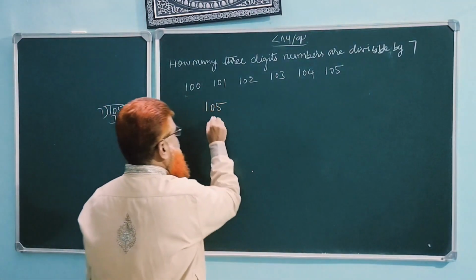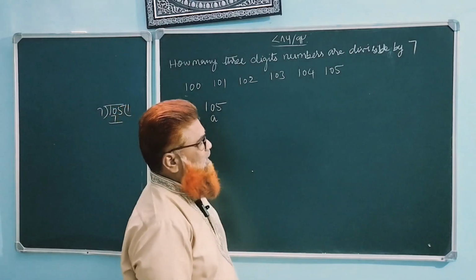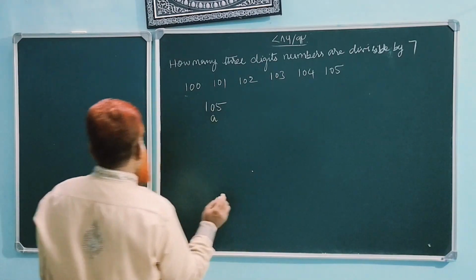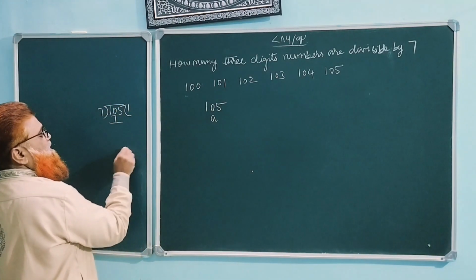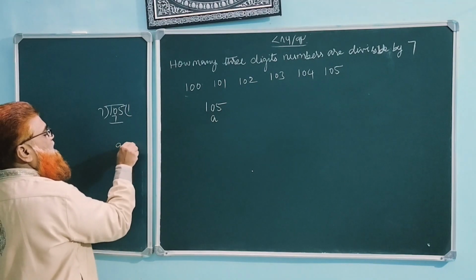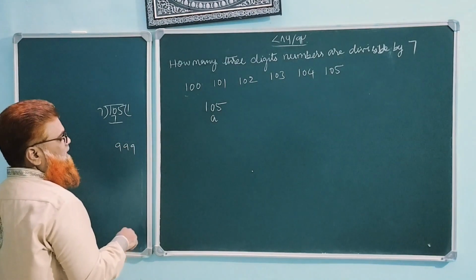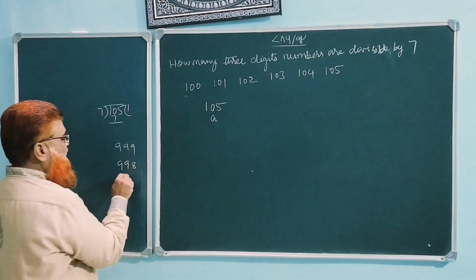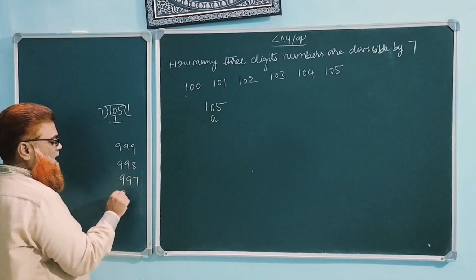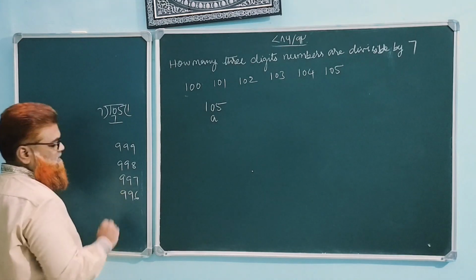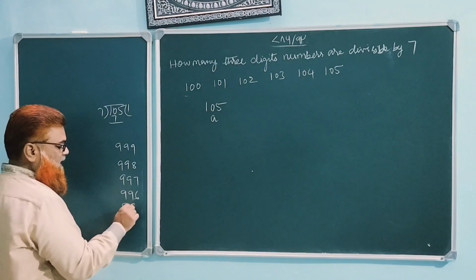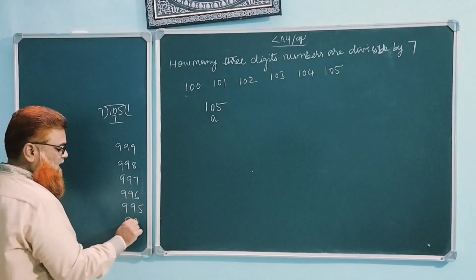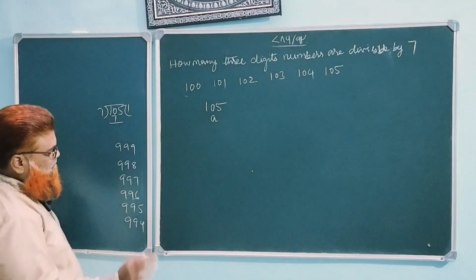We say that it is a, the first term. Now the last, that is the biggest 3-digit number, is 999. Okay, 999, 998, 997, 996, 995 and 994.